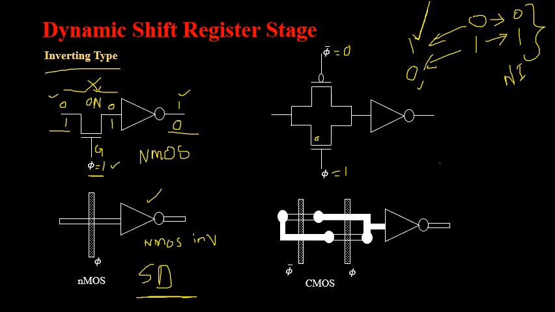It is an on condition for your NMOSFET. Also it is an on condition for your PMOSFET. So this is a closed switch. Even the PMOSFET is also acting like a closed switch.